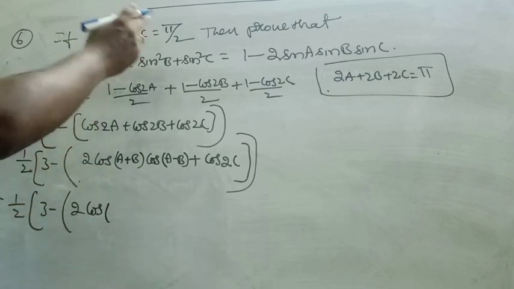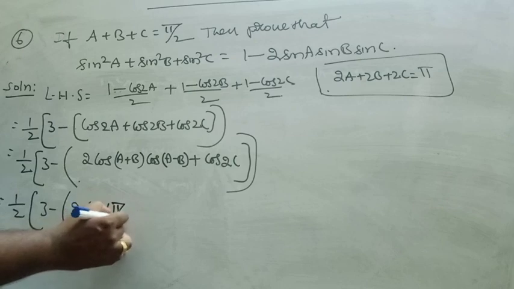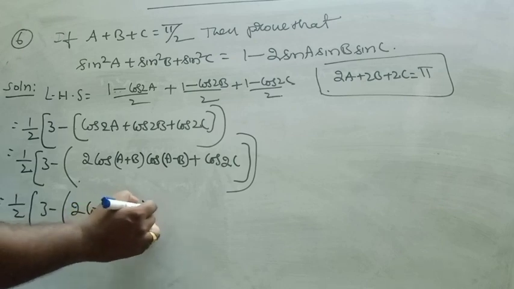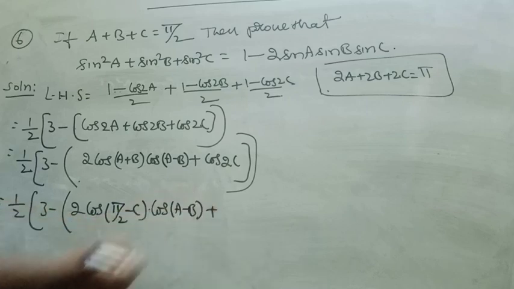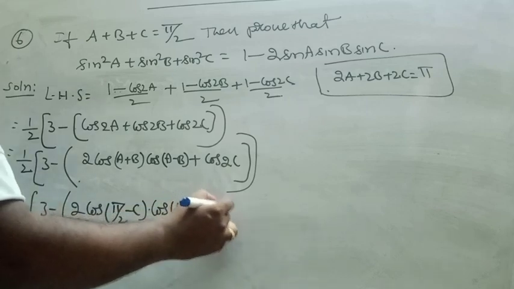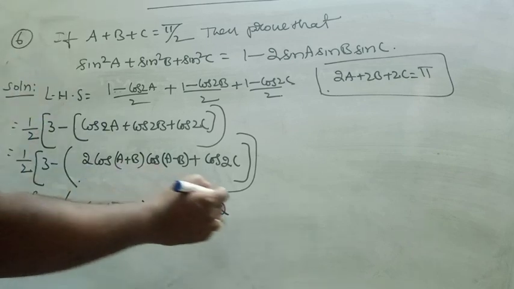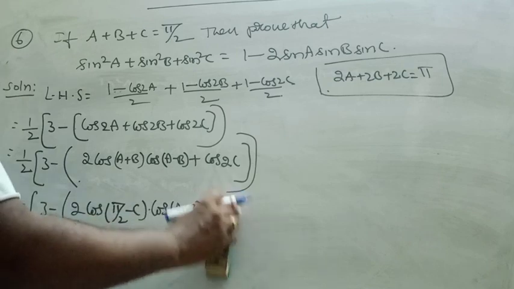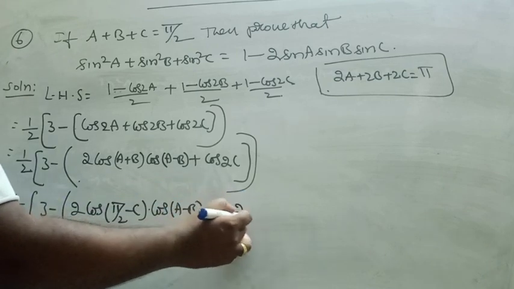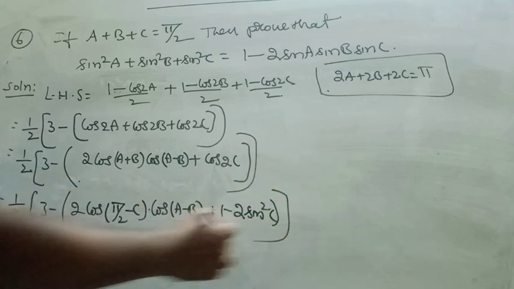You know that a plus b is equal to pi by 2 minus c. That is pi by 2 minus c. You have this into cos (a minus b) plus cos 2c. We know that is nothing but 1 minus 2 sine square c. That we can write in terms of this, 1 minus 2 sine square c, like this.